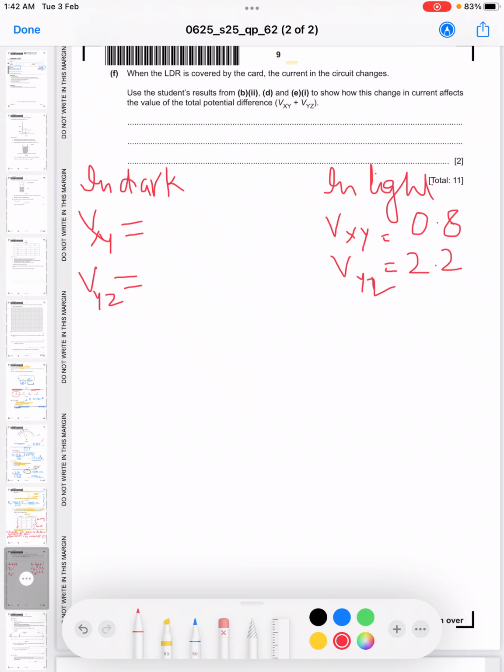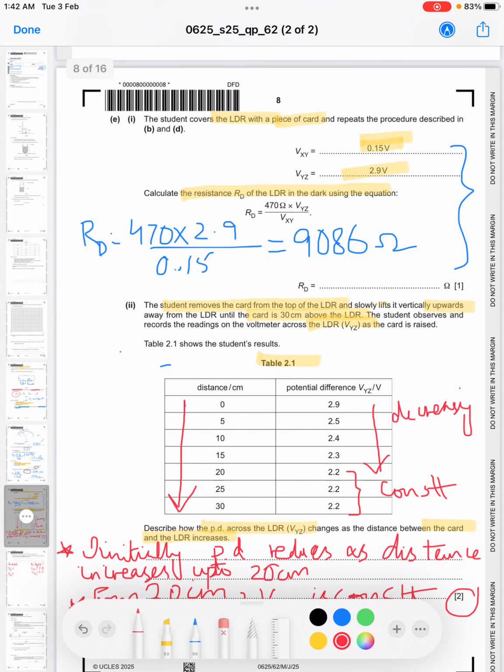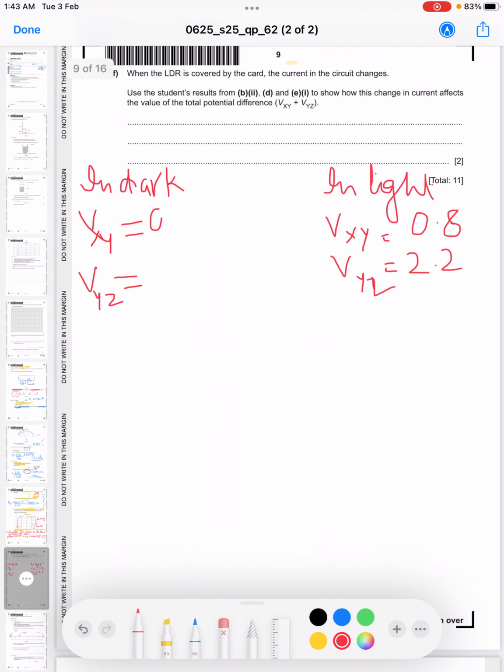And for the second one, in dark, we have 0.15 and 2.9.